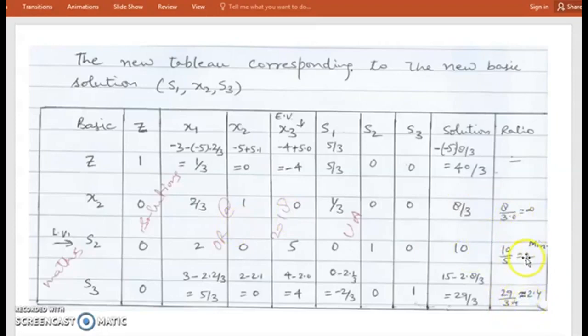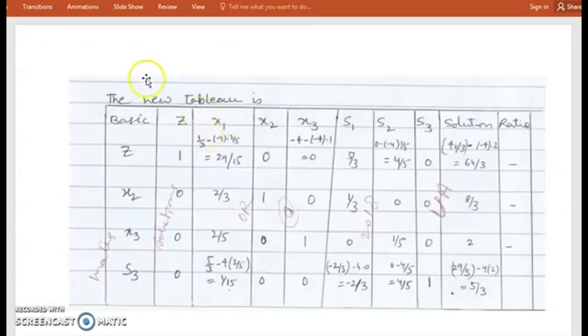The minimum value is this, therefore s2 becomes the leaving variable. We further do some calculation according to the Gauss-Jordan formula, where x3 has entered and s2 has left.